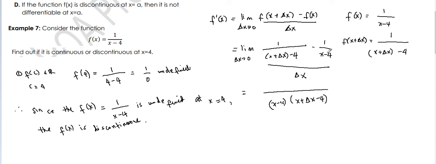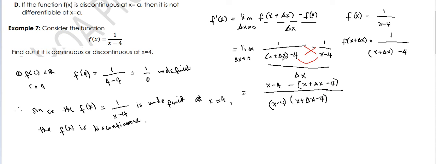Now, multiply natin to x minus 4 times 1, that would become x minus 4. Then minus, ito naman, i-multiply natin dito. Cross multiplication ang ginawa natin dito, no? So, ito multiply natin dyan, then ito multiply natin dyan. And ito, pinag-multiply natin, dalawa. Okay, so we will have ito, x plus delta x minus 4.